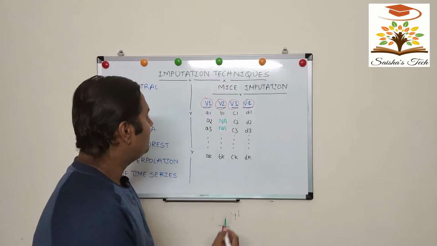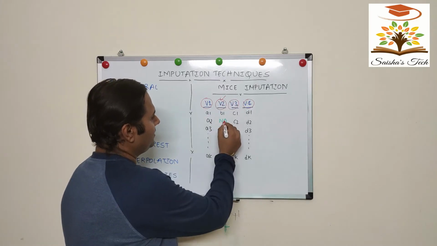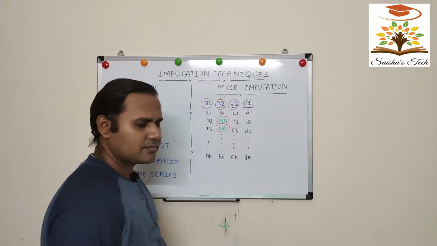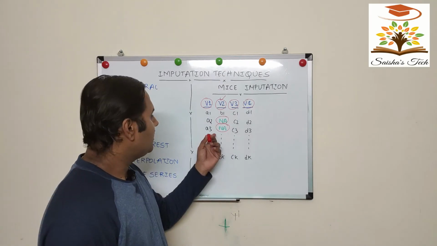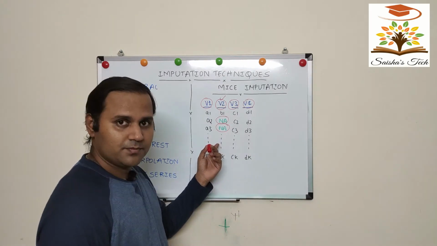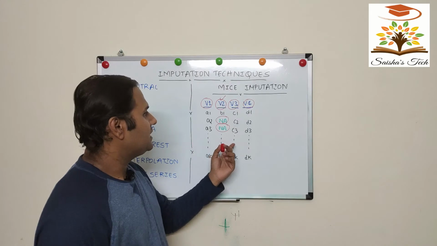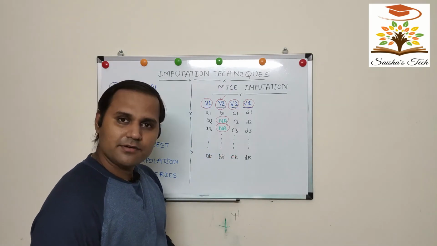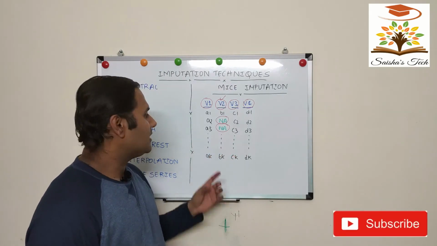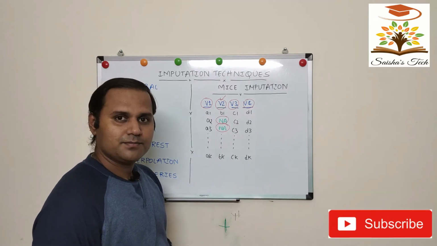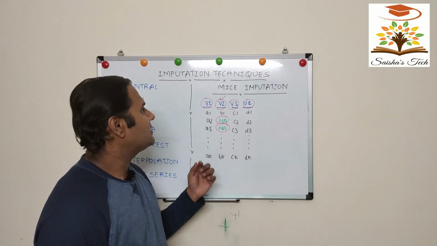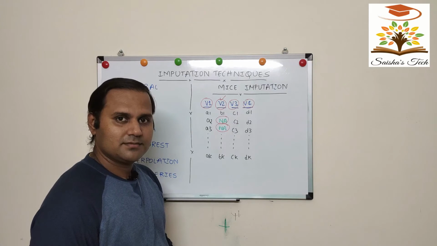I have a missing value in variable V2, that is NAs. Now, to impute the values of V2, we will utilize V1, V3 and V4 as independent variables and predict the values of V2. This is how a MICE imputation technique works.